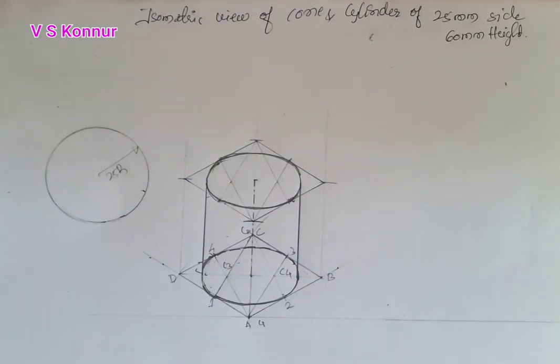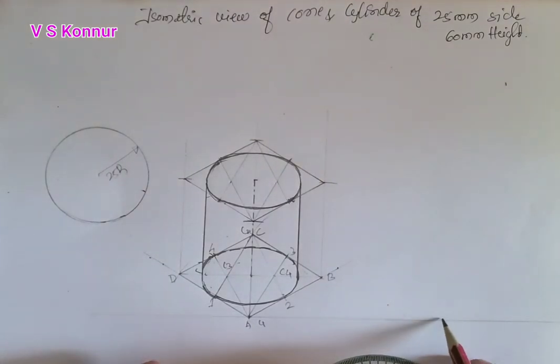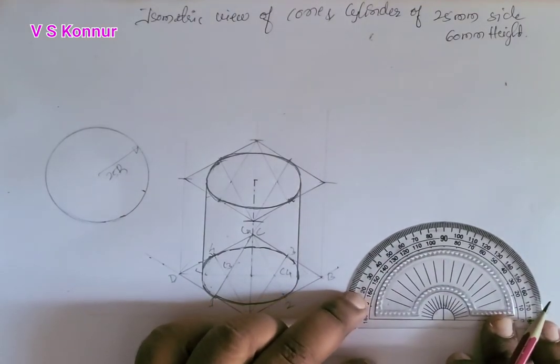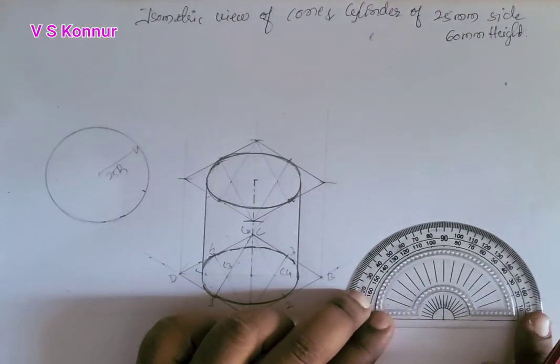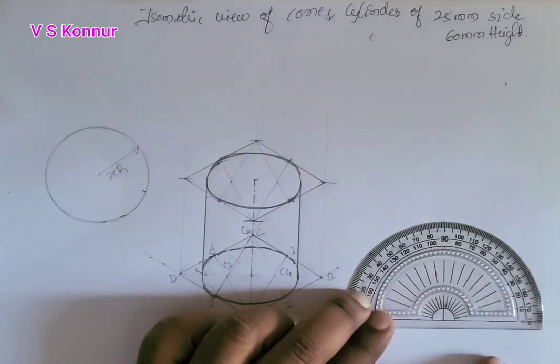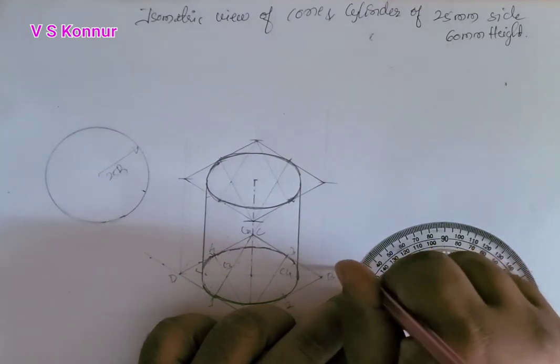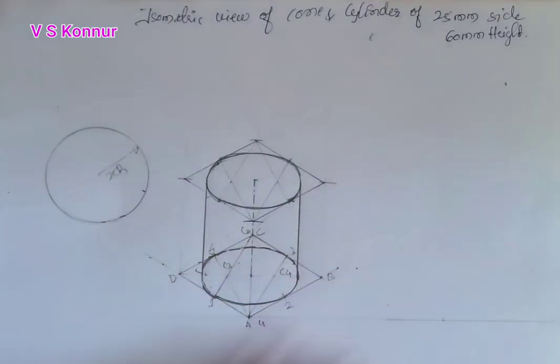Now we'll go for a cone. How to construct a cone? The same you have to transfer once again. You have to take the 30-degree line. So we'll mark a point here and we'll take 30 degrees on either side. We'll extend it.